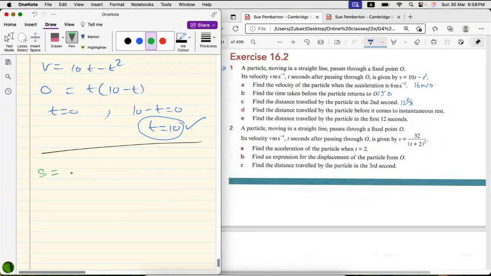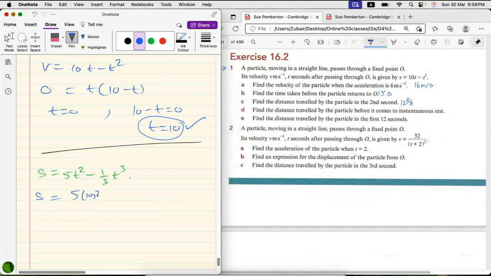Where is it? S equals 5t squared minus 1 over 3 t cubed. That's it. Yeah, the displacement of the particle. Okay. So we now need at t equals 10 also.